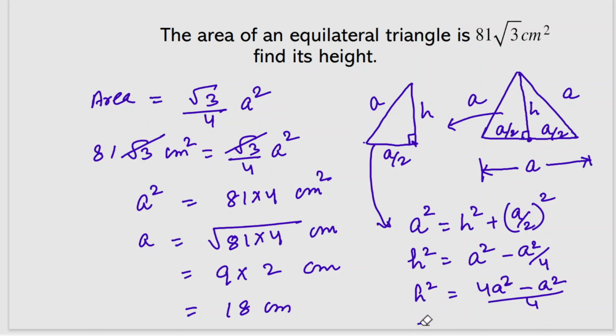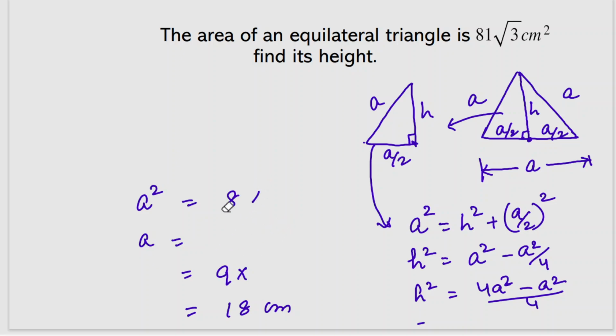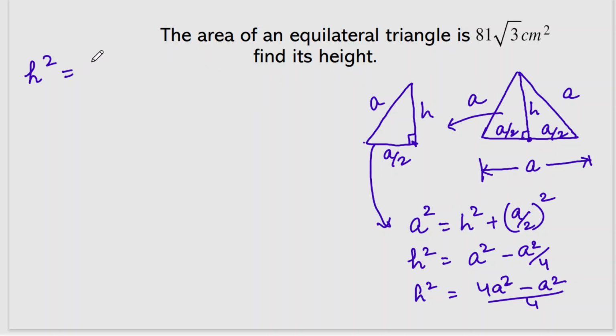I have no space here, so let me delete this part. So we have got h square equal to 3a square by 4.